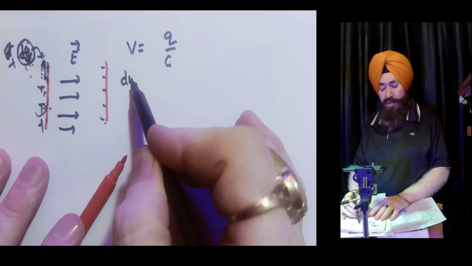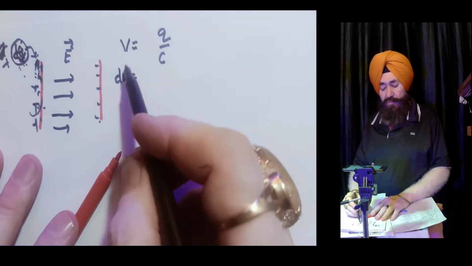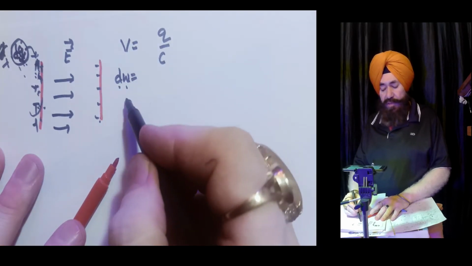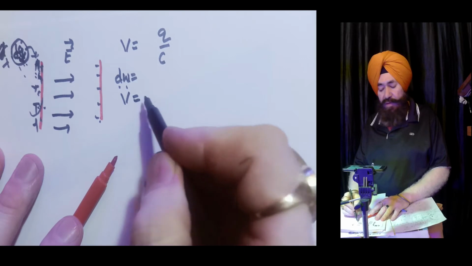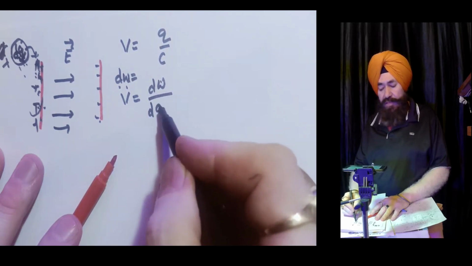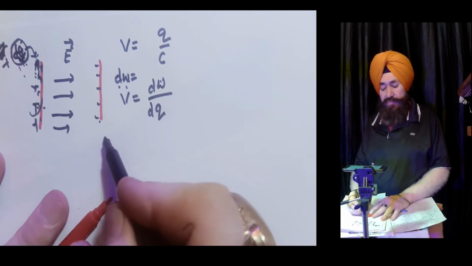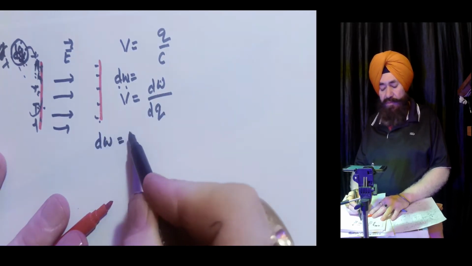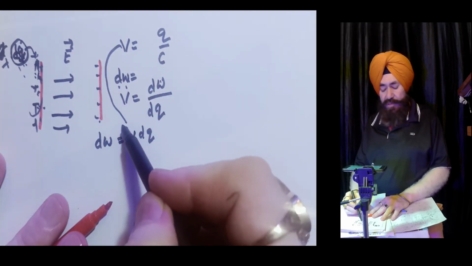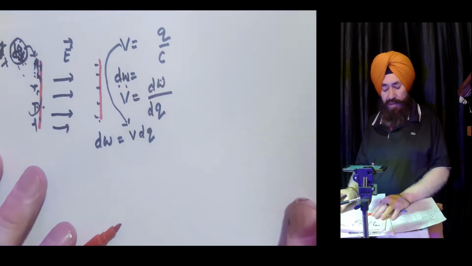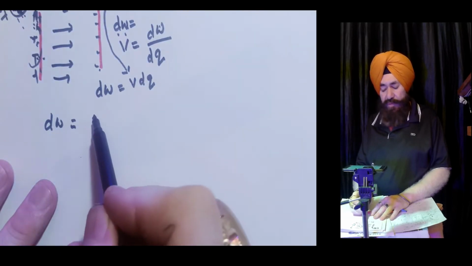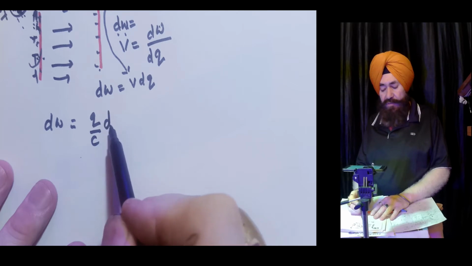So what is the work done? By the definition of potential, potential is the work dW for bringing charge dQ. So work becomes V dQ, very simple. Substituting the value of V here, dW becomes Q by C into dQ.